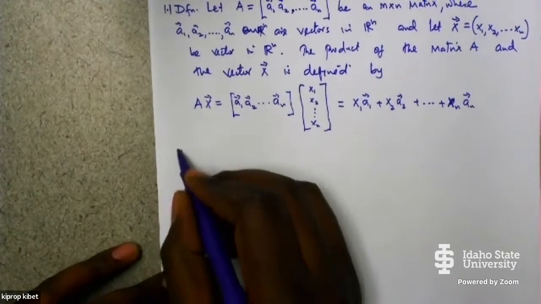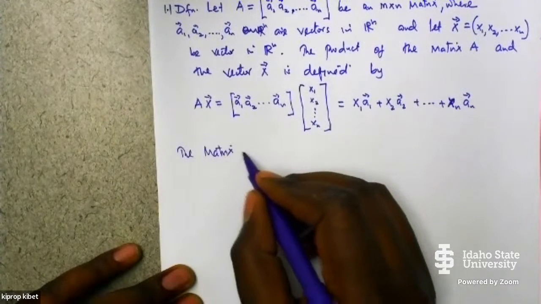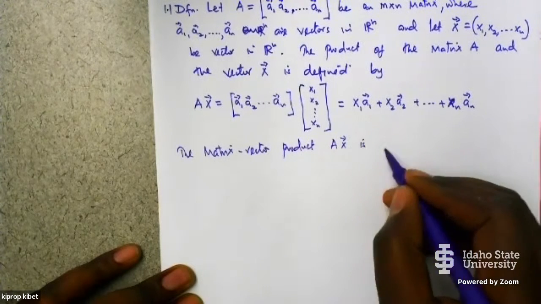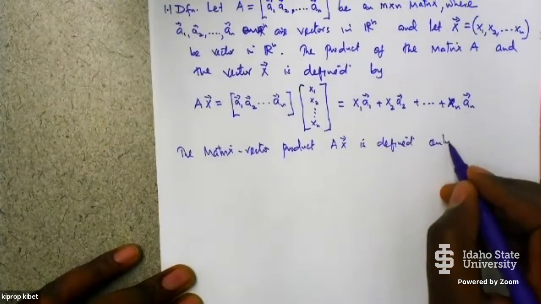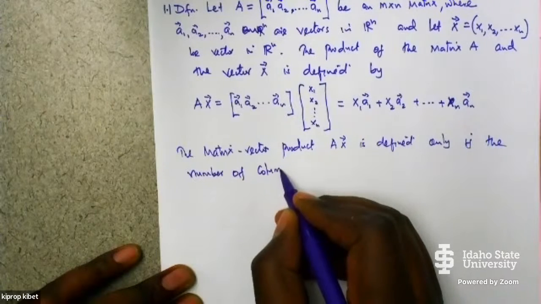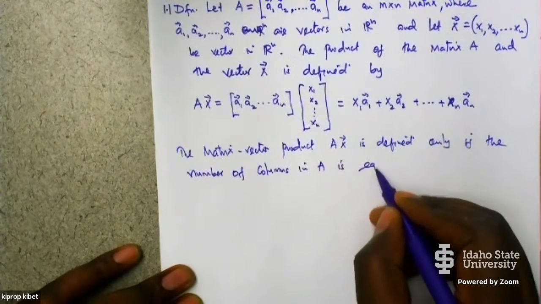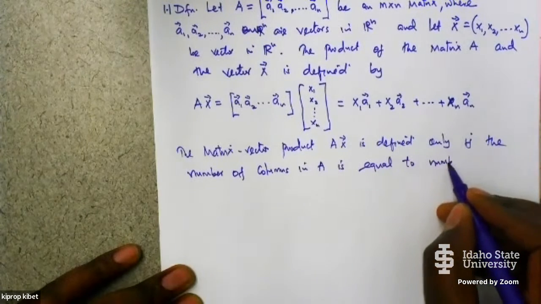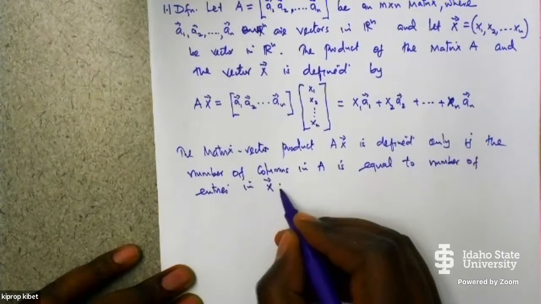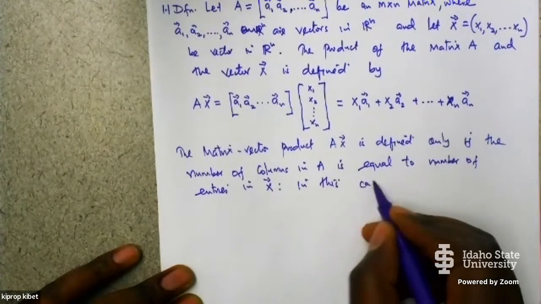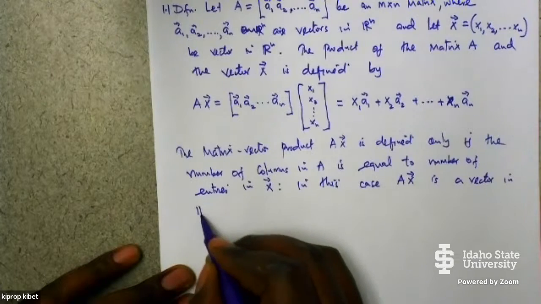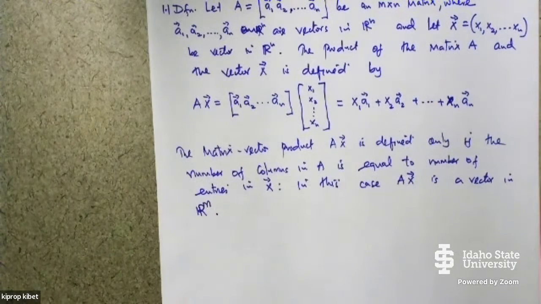So the matrix vector product Ax is defined only if the number of columns in A is equal to the number of entries in x. In this case, Ax is a vector in Rm.